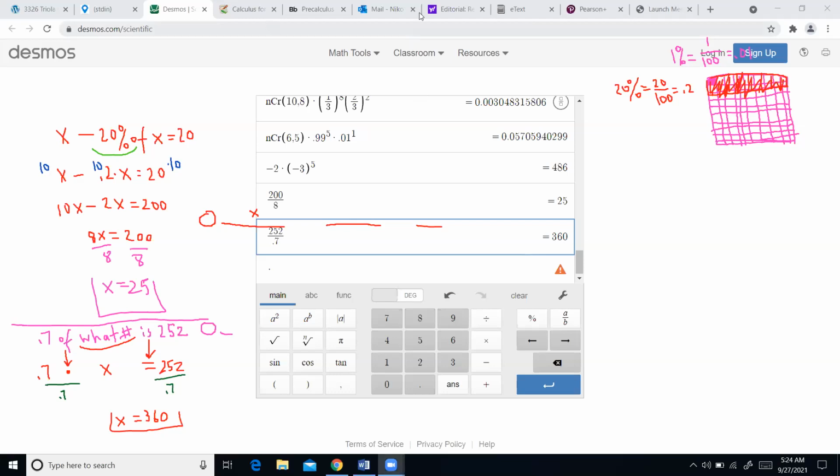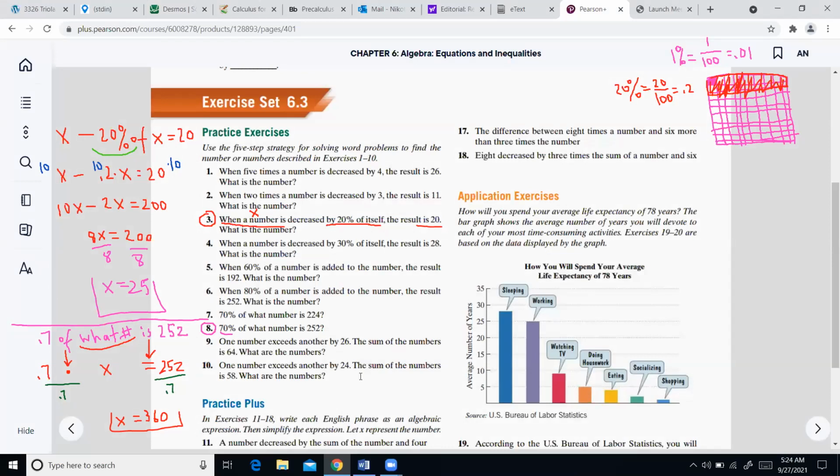Here we just care about turning our questions into the equation. So whenever you have percent, you should write them as decimals. That's, I guess, the most convenient procedure.